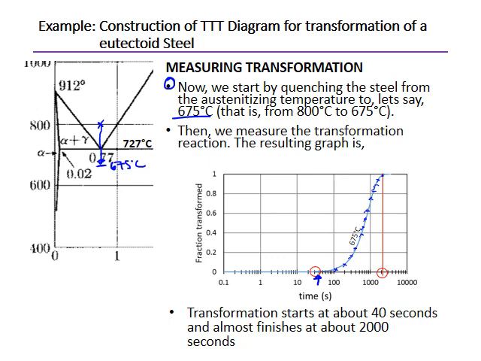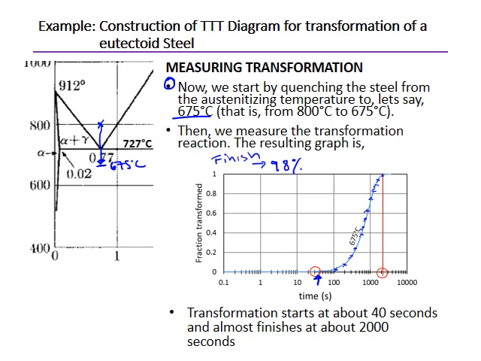So this is just an example. You can imagine that in real experiments they are more careful with that. They might say that the finish is at 98% transformation, or whatever value they decide is the finish.